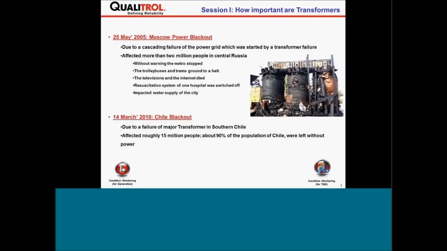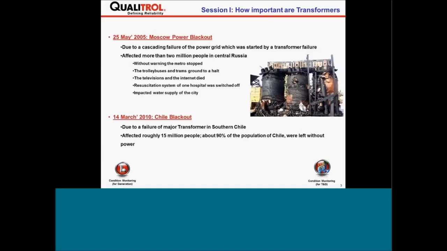How important are transformers? Two examples of the effects of a transformer failure on the network. We have in May 2005 a Moscow power blackout due to a cascading fault on the power grid, and it was started by a transformer failure.